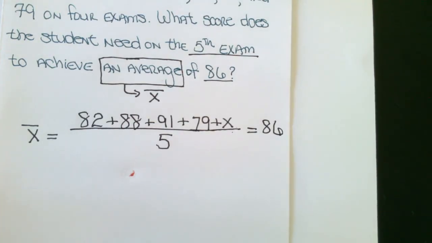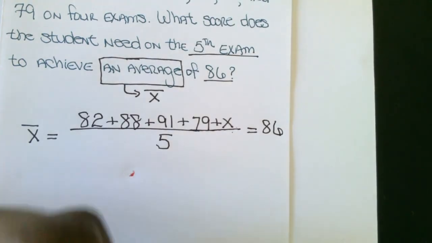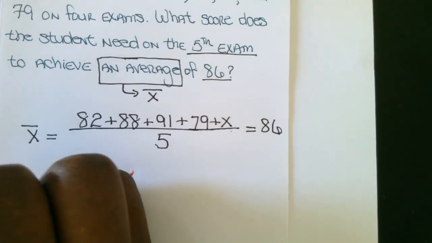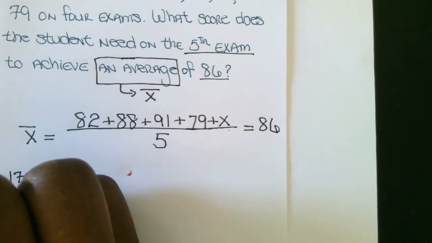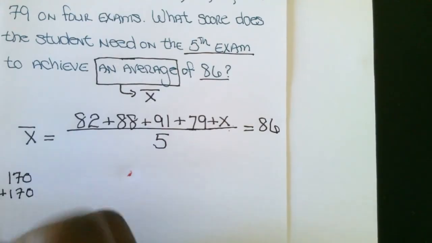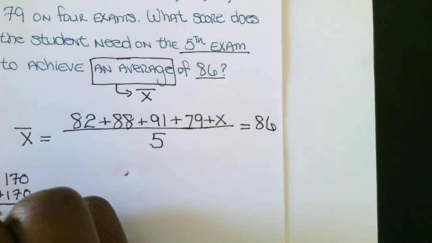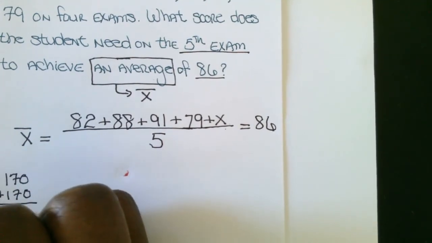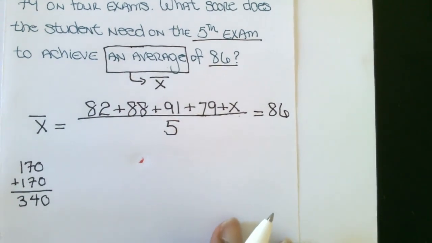We have 91 plus 79 is 170. So 170 plus 170 is 340.